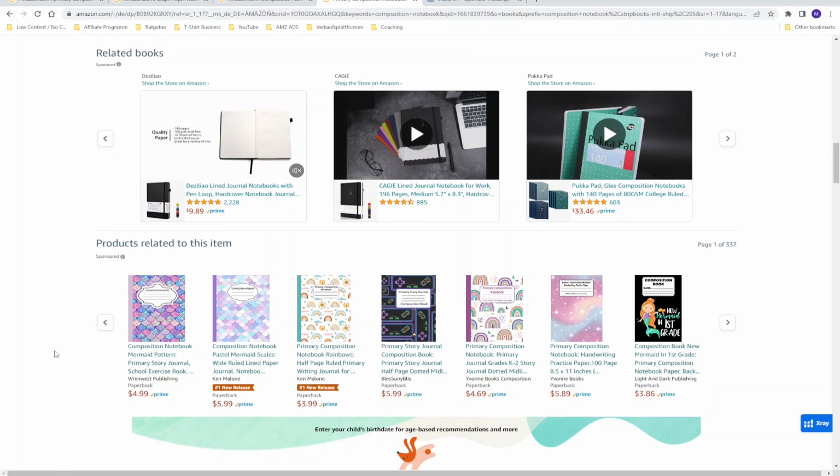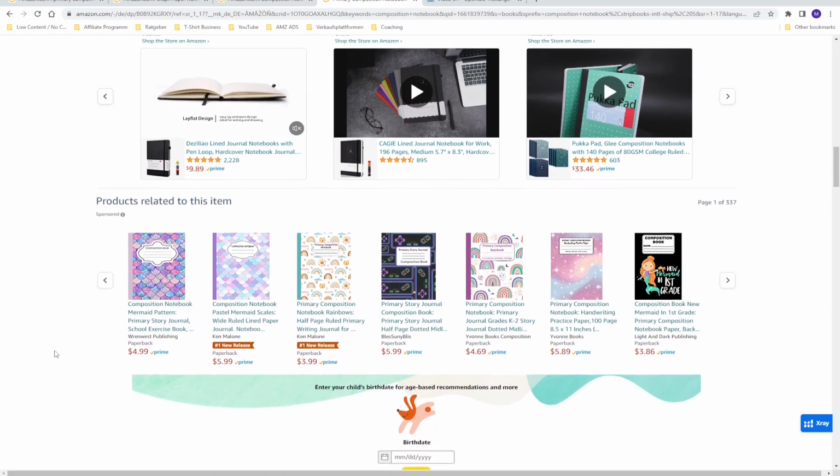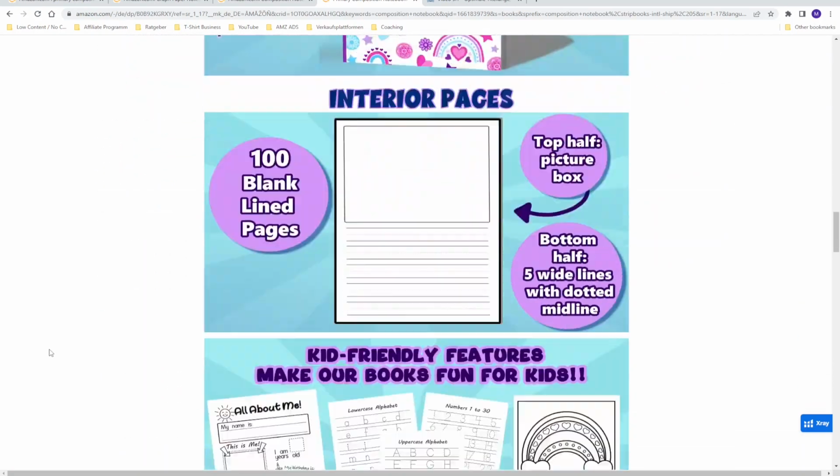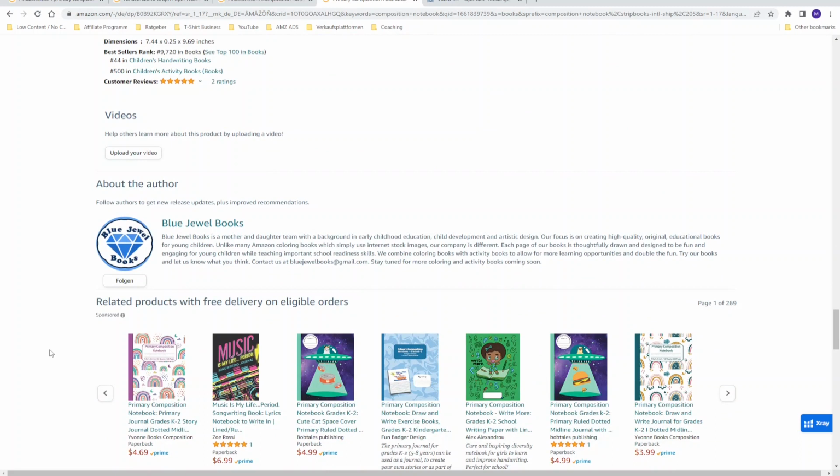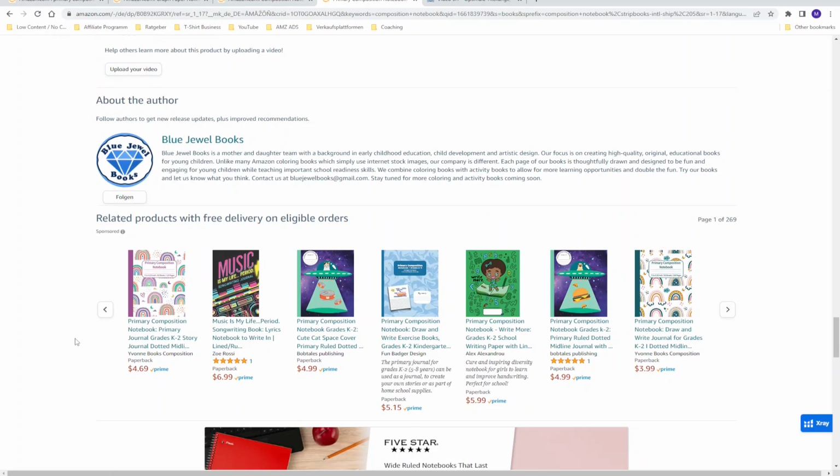So this is the next place where the title of our book is appearing. If we are scrolling down, then there is another place where the books show up, related products with free delivery, etc. And as you can see, it's another place where our book is appearing and where the title is visible.